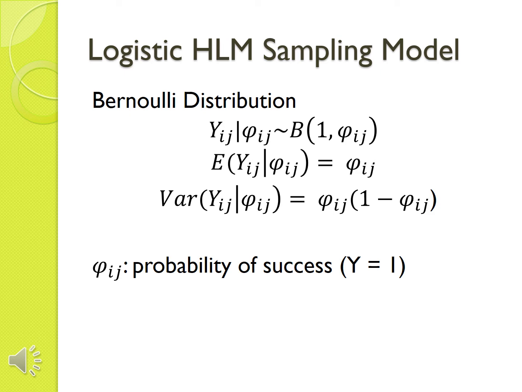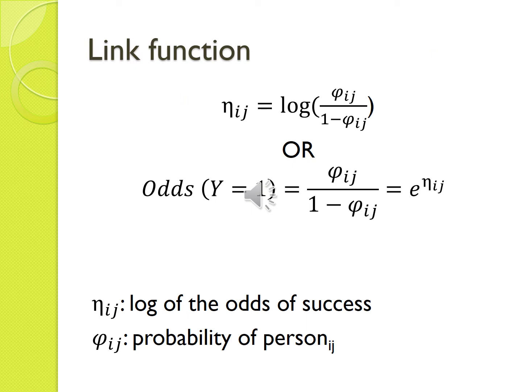It's the same idea, and we know that the clustering structure is a little more difficult, and so things are going to be more difficult mathematically, but luckily we don't have to worry about this because the software will handle that for us. What we need, though, is to know about the link function and to know about odds. So eta ij is the log odds of success, and that's defined just the way we had it before, not a p but a phi.